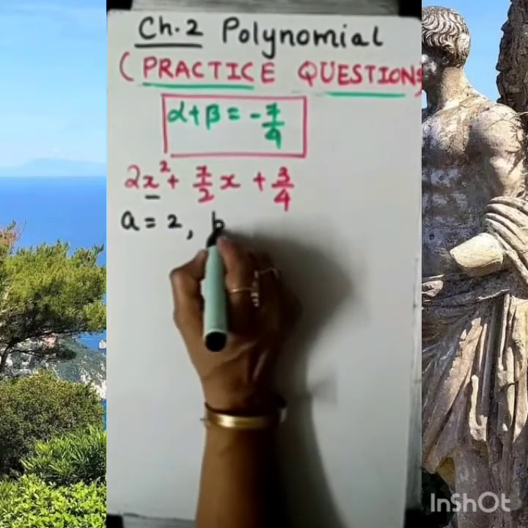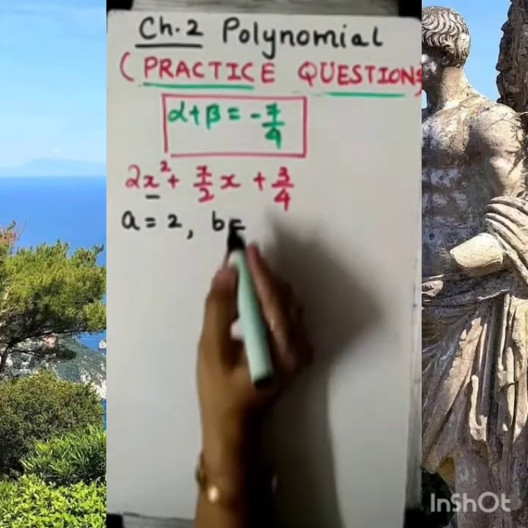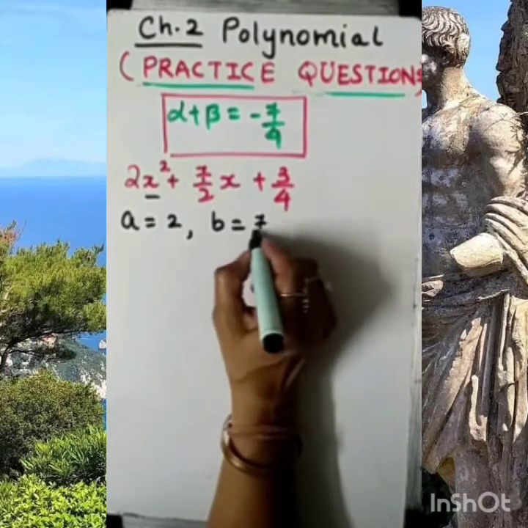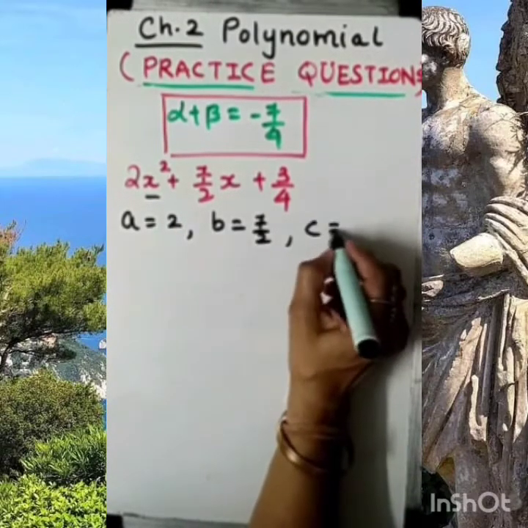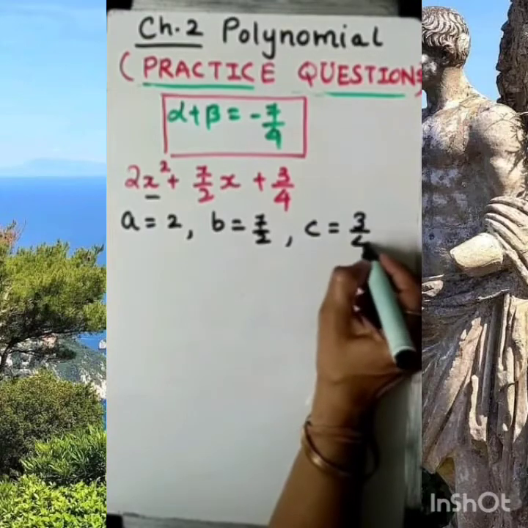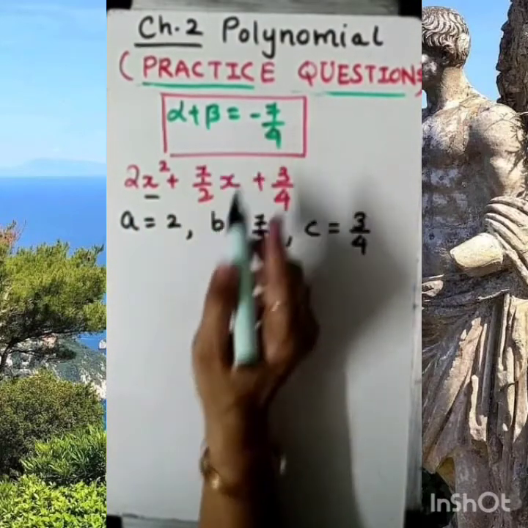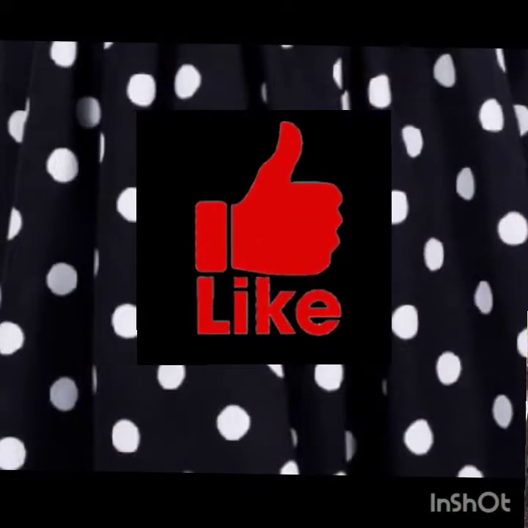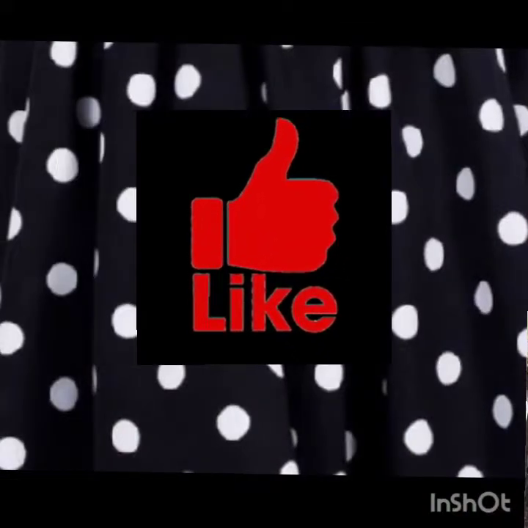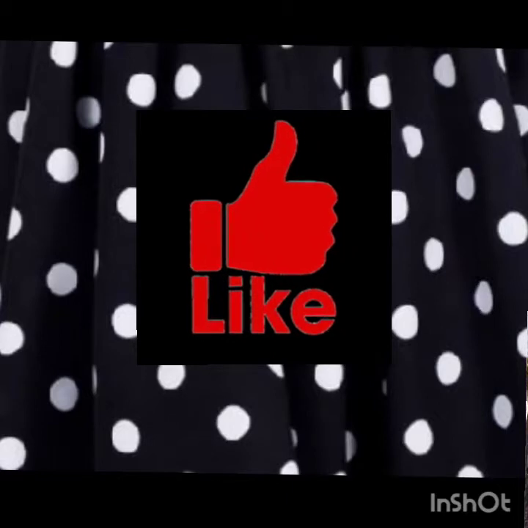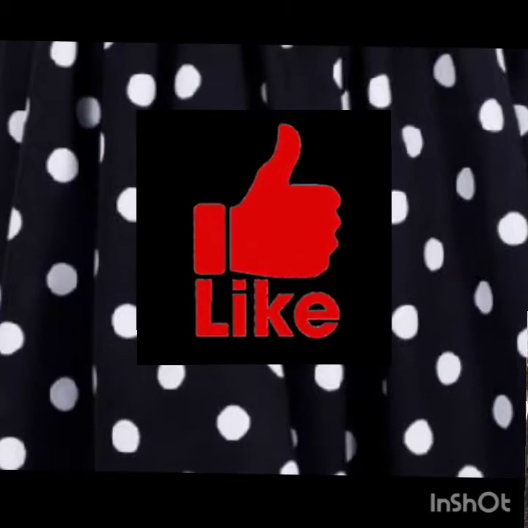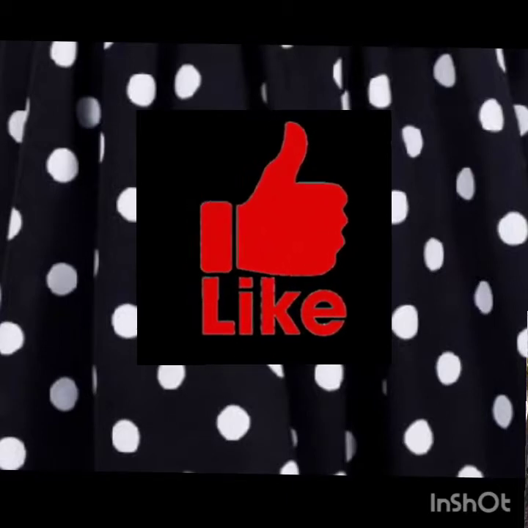What is b? b is the coefficient of x, that is 7 by 2. Fine. What is c? c is the constant term, that is 3 by 4. Right? Now, as we know, alpha plus beta is minus b by a. So my dear student, here it is minus, and this 7 by 2 is in the numerator, that is the value of b I am writing here.